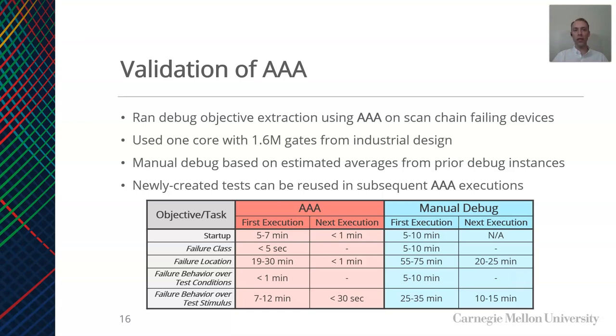Once time is spent creating a test, that test can be reused, making subsequent executions of a task faster than the first. We observed significant runtime savings, in some cases reducing task execution time by more than an order of magnitude. It is also worth noting that manual debug may be susceptible to other sources of delays, including equipment availability, time zone logistic challenges, and other higher debug priorities.